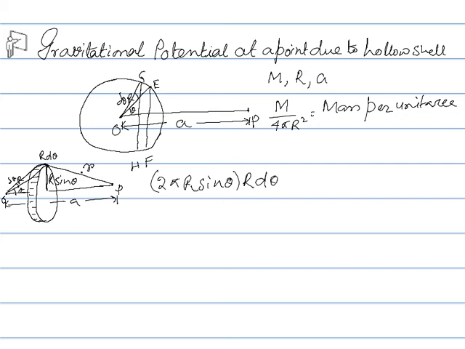Therefore the mass of this elementary strip is, with mass per unit area m by 4 pi r square, m by 4 pi r square times this area. So the pi cancels out, the r square cancels out, and 2 becomes this. So this is m by 2 sin theta d theta. This is the mass of this elementary strip.